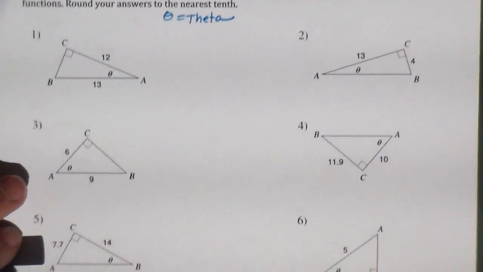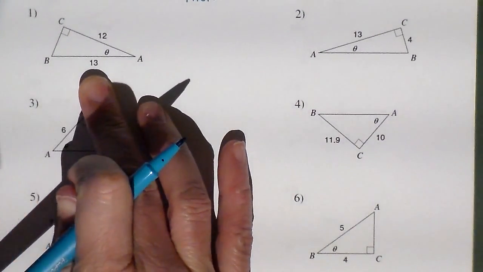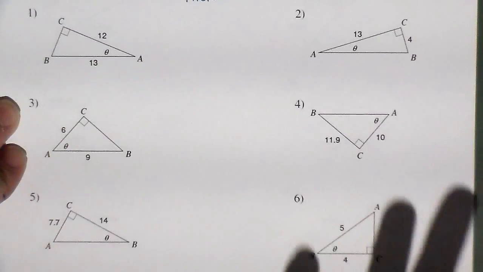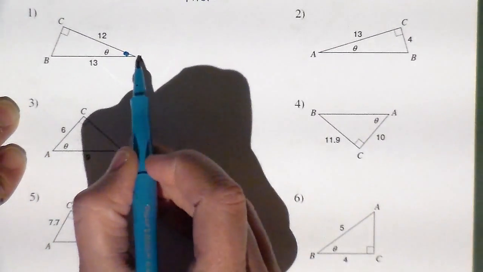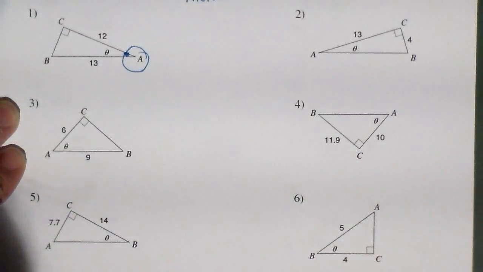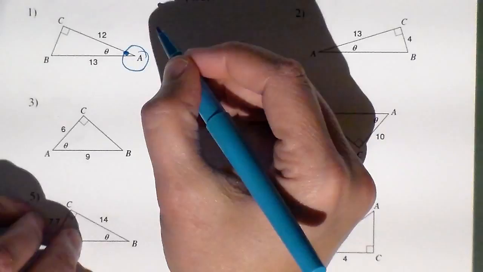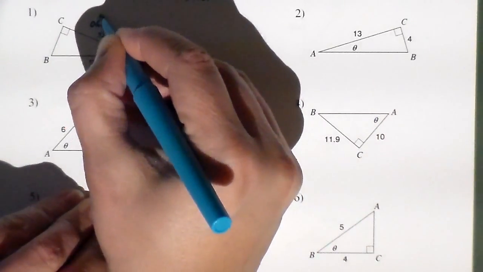Okay, so first of all, I'm going to do a couple of these using theta. So this is theta. This angle A is theta. Y'all see that? Good, because I know you can't answer me anyway. So angle A is theta. If the angle A is your angle, this is your adjacent.